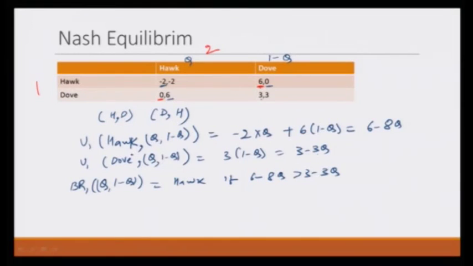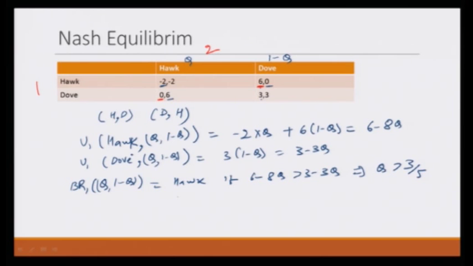So playing hawk would give 6 minus 8q, playing dove would give 3 minus 3q. Player 1 will play hawk if 6 minus 8q is greater than 3 minus 3q, and that translates into q greater than 3/5.